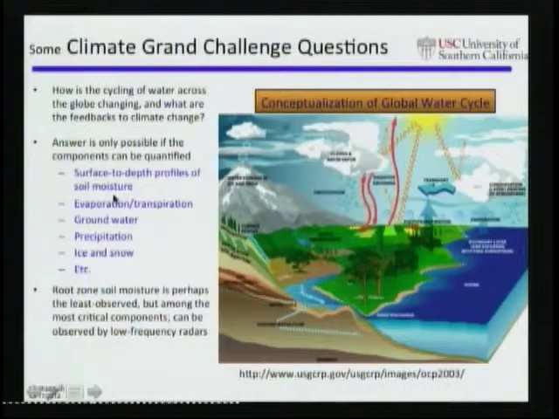Some of the most important parameters they're looking for are surface to depth profiles of soil moisture, groundwater, and snow and ice cover, and so on. They don't have observations to quantify these things, and a lot of times they just guess at a lot of these variables, and that's how we come into the picture.